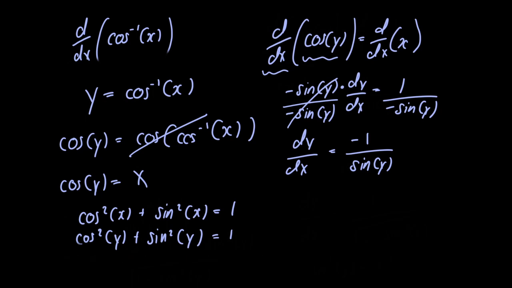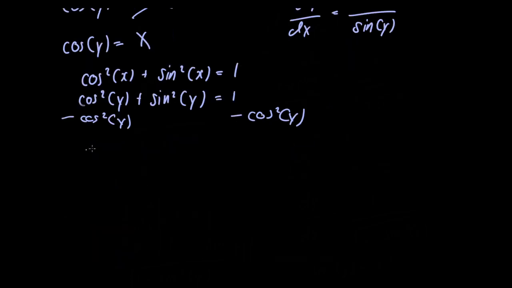We're going to subtract cosine squared of y from both sides. We're just left with sine squared of y equals 1 minus cosine squared of y.